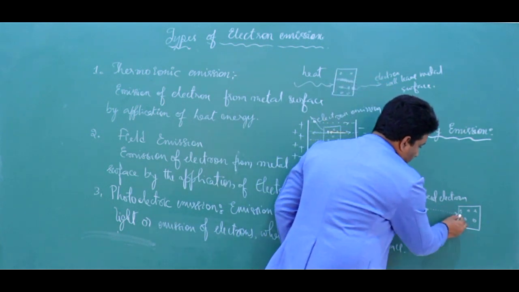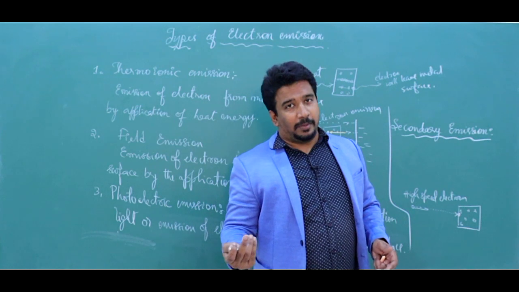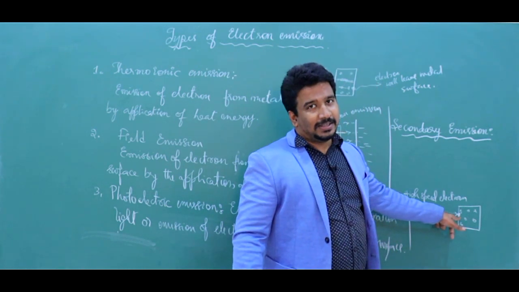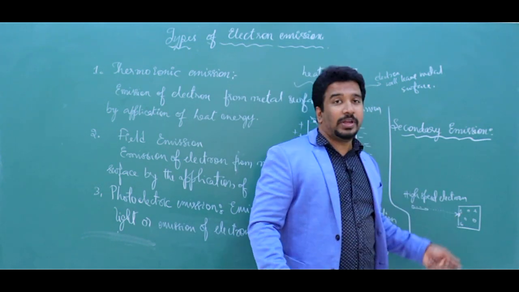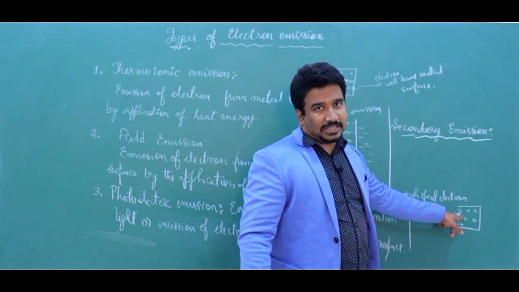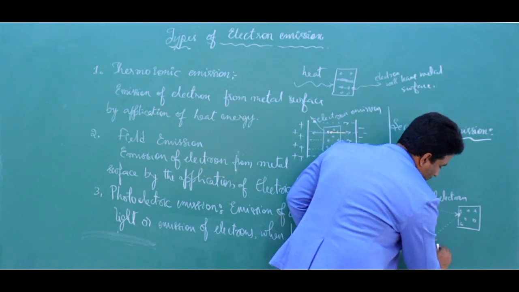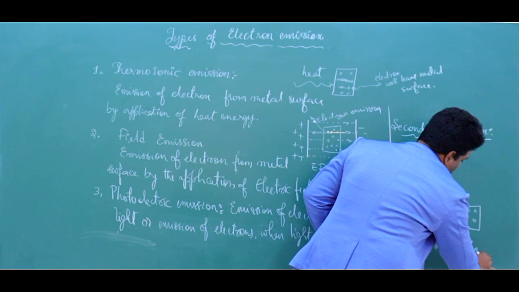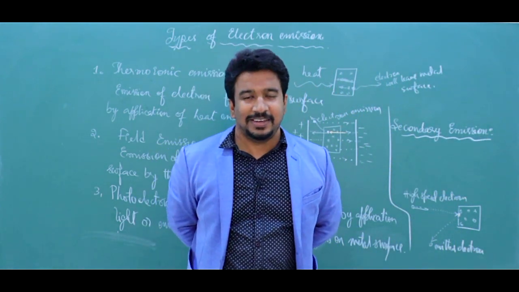There is an electron which is about to be emitted out of the surface. When this electron bombards the metal surface, it has kinetic energy, and this kinetic energy will be transferred to this electron, and now this electron will be ejected out. So this is the emitted electron. Why did this happen? Because of the bombardment by a high speed electron.